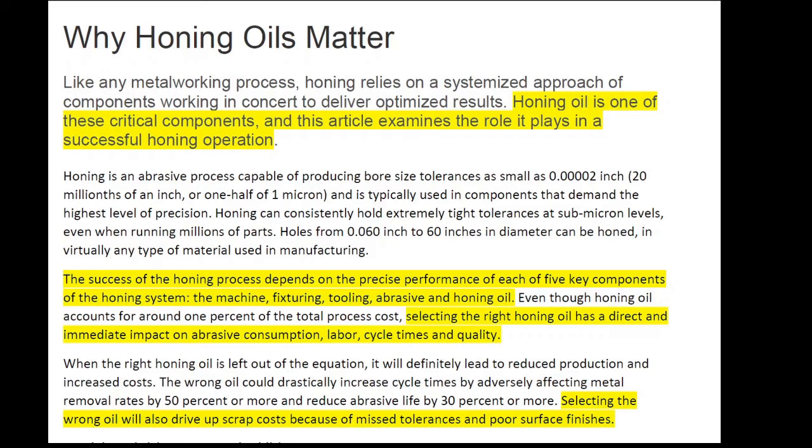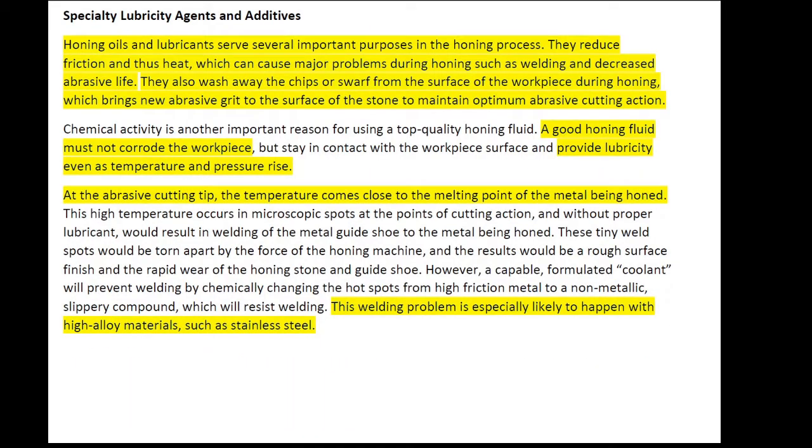Therefore, the success of a honing process depends upon 5 key components. They are the honing machine, the fixture used for holding the workpiece, the honing tool, the type of abrasives used in the honing tool, and finally the honing oil or the cutting fluid. To enhance the properties of honing oil, special lubricating agents and special additives are added to the honing oil.